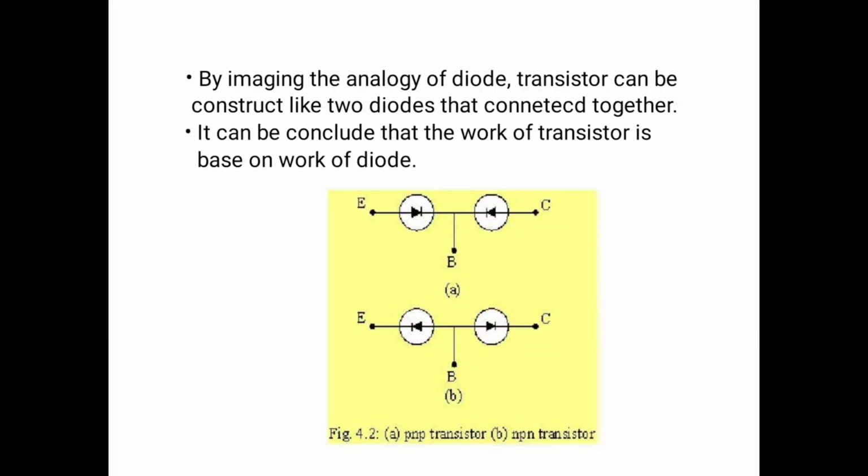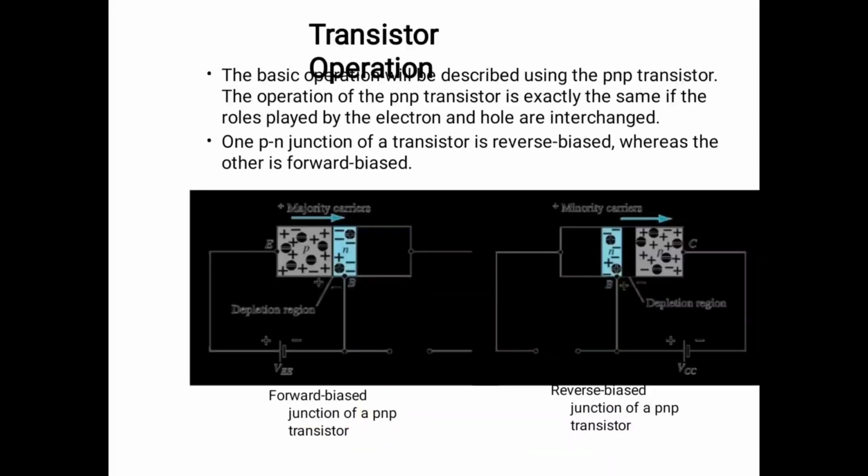By analogy with the diode, a transistor can be constructed like two diodes connected together. It can be modeled based on the working of diodes, for both the PNP transistor and the NPN transistor.